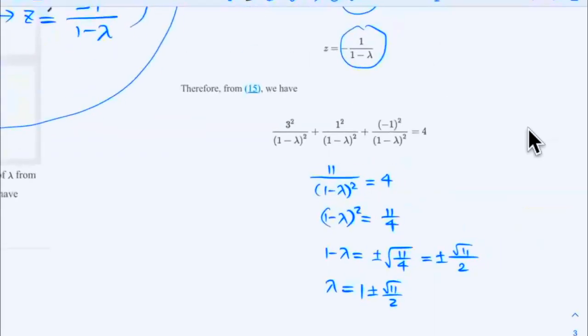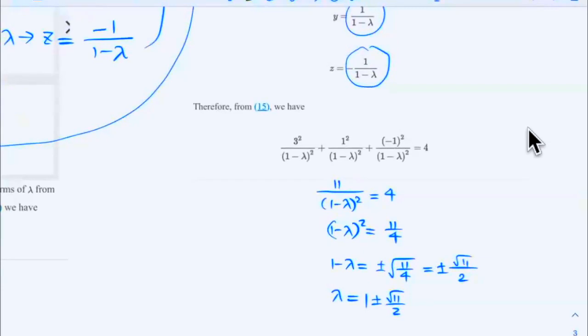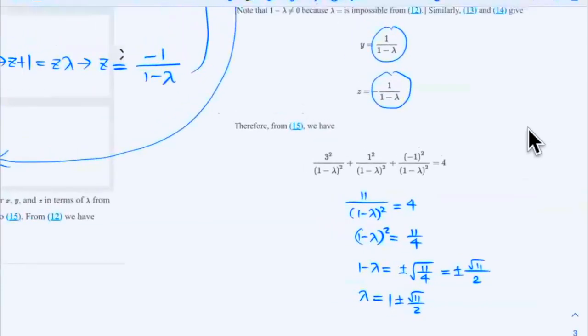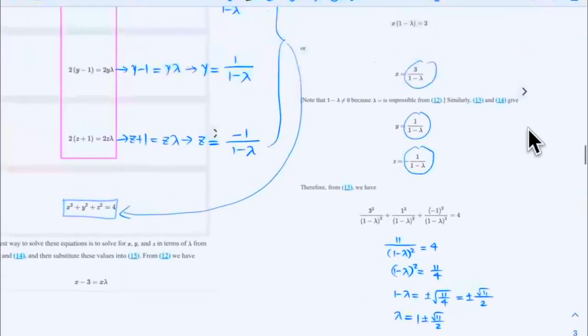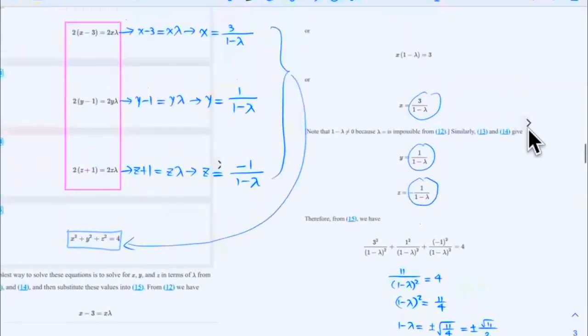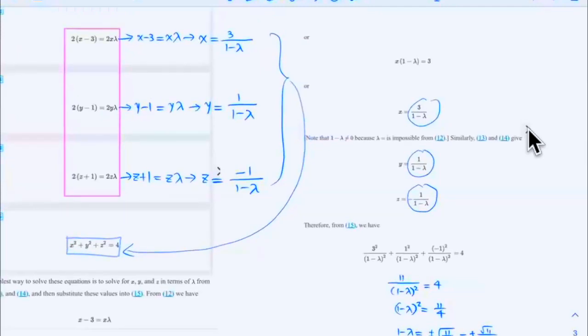Once you got lambda, that looks very messy. How do we get the x, y, and z? Then we can put it back right here. Instead of putting the lambda there, maybe you can just put the 1 minus lambda, right? That would be a little bit easier. 1 minus lambda is equal to this.